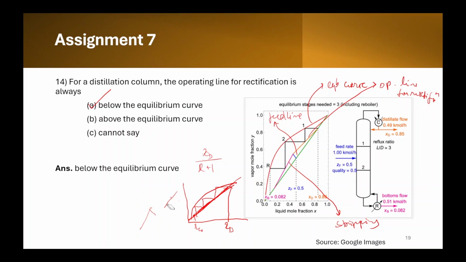And if you keep on decreasing this R, you will get to the point of minimum reflux ratio. And at that point, the number of theoretical plates will be infinity.